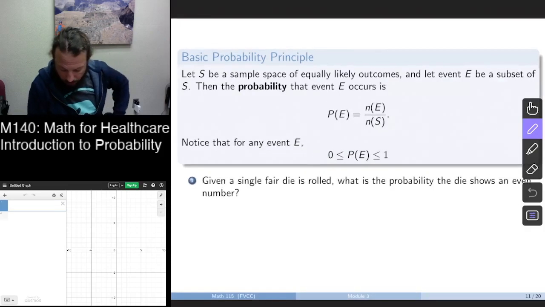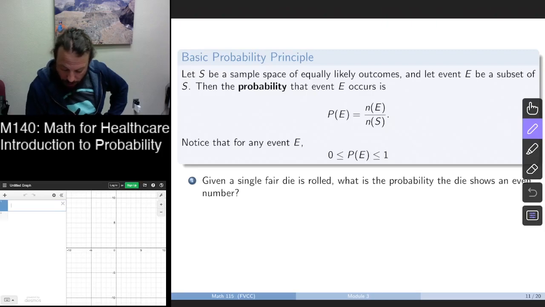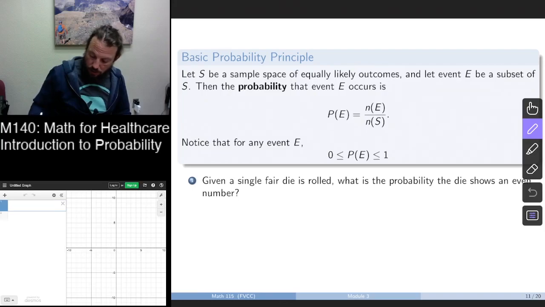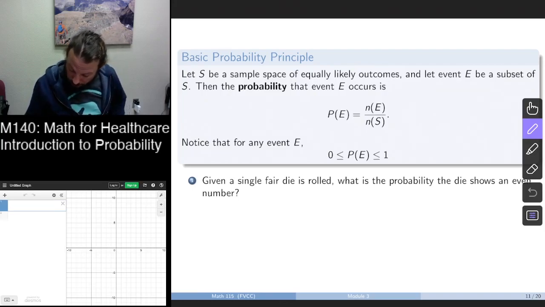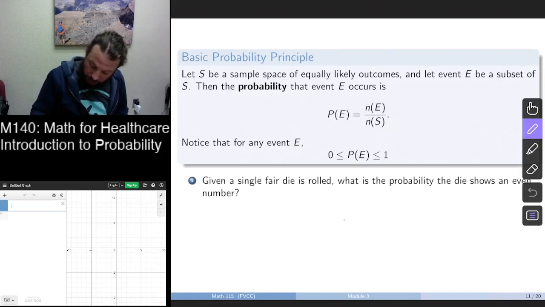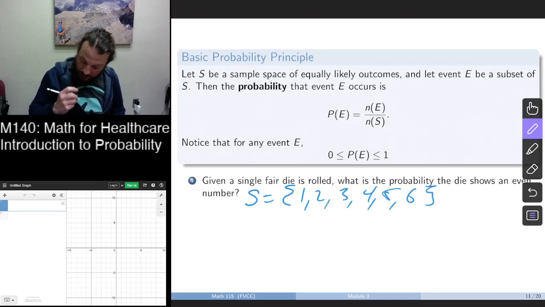All right, let's see here. Given a single fair die is rolled, what is the probability the die shows an even number? From our previous problems, the sample space here is the set containing 1, 2, 3, 4, 5, 6, all that we could get on a 6-sided die.